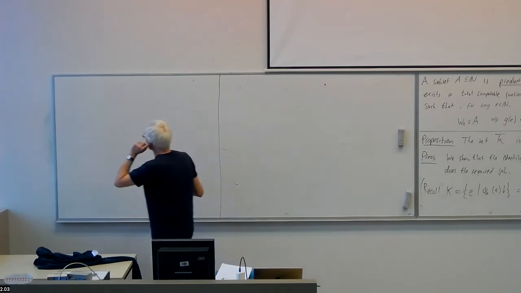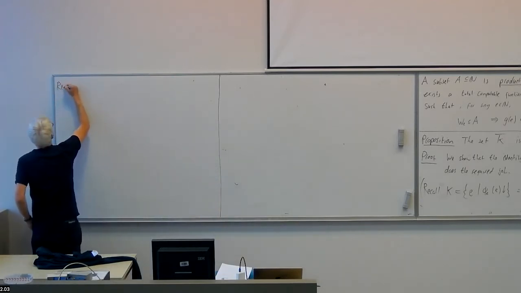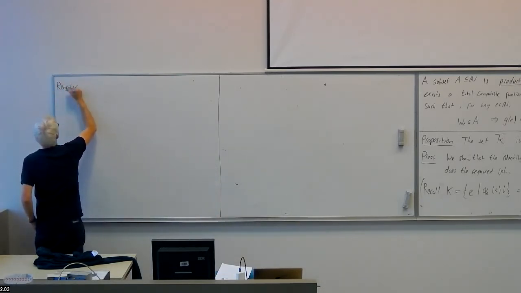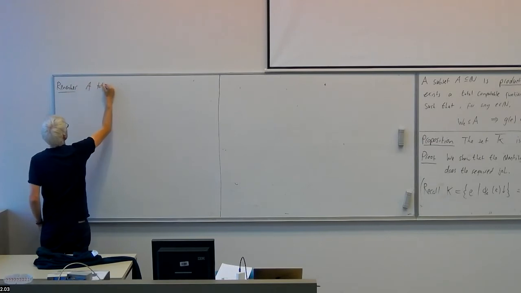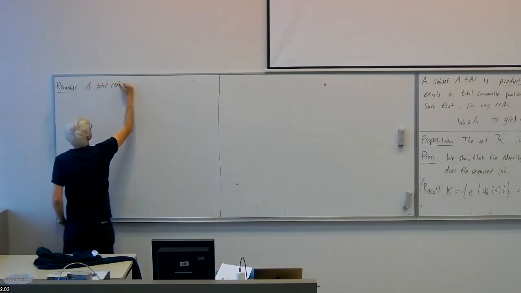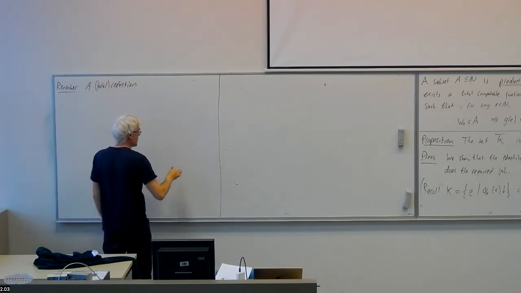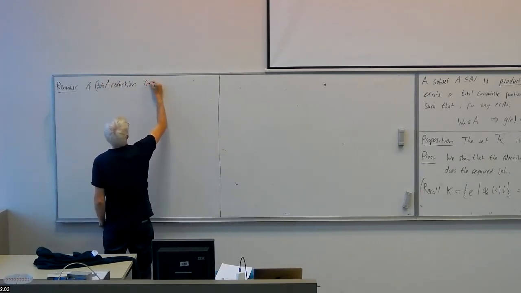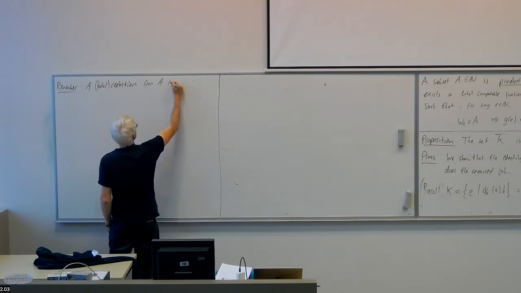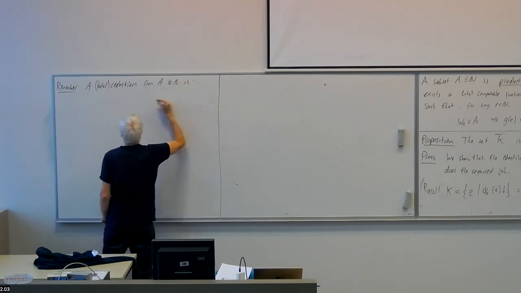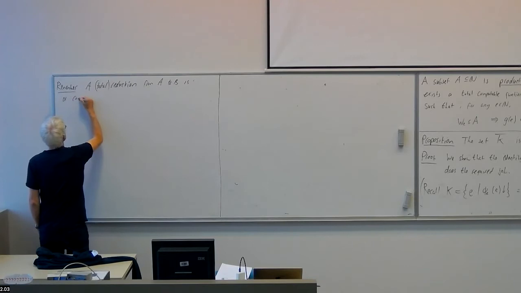So remember from last week, a total reduction, and I'm not going to say total in this lecture, all reductions are total, from A, which is a subset of N, to B, is a computable total function f.